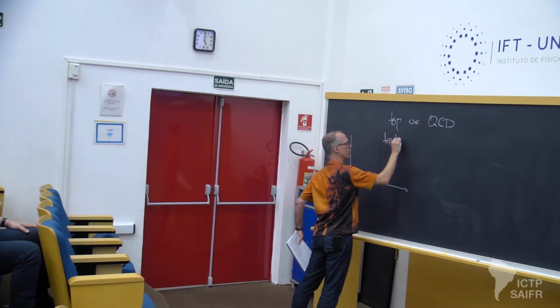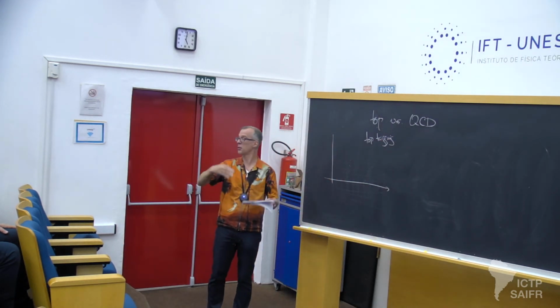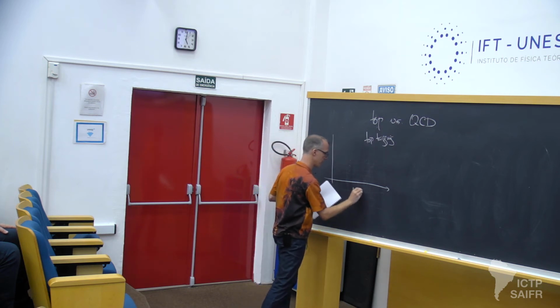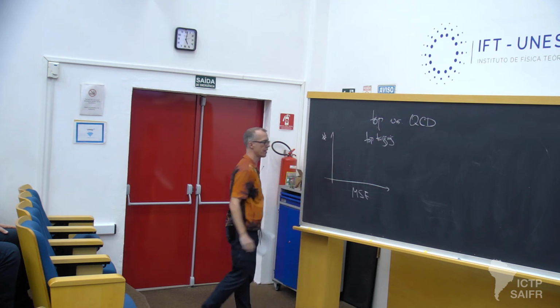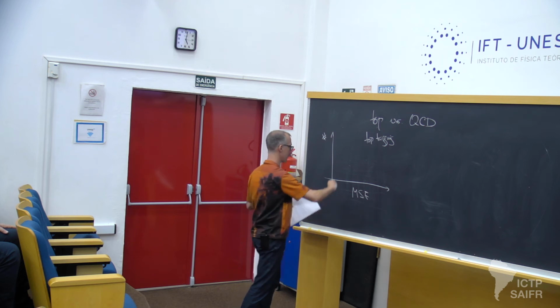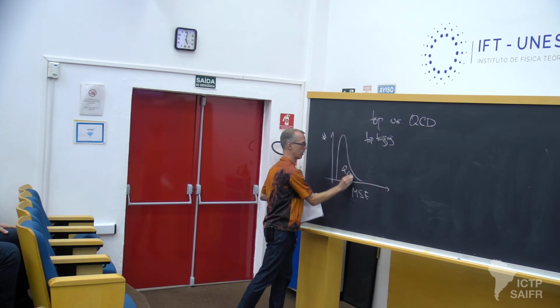First of all, you do top tagging. Your background is QCD, and the assumed signal that you test this autoencoder with is the tops. Then you can plot the MSE distribution of your jets, the count rate of the jets, in your top and QCD sample. What happens is that QCD leads to relatively small MSEs.